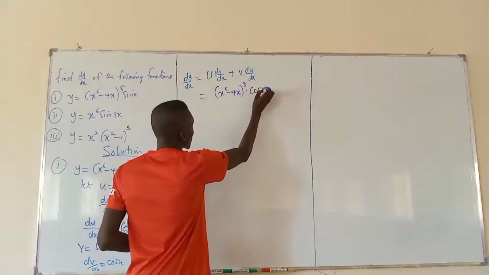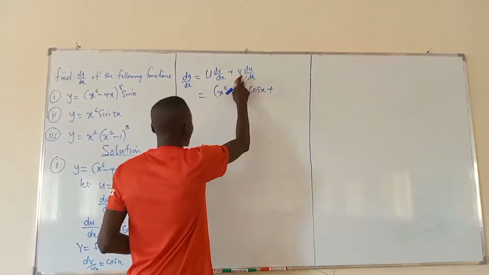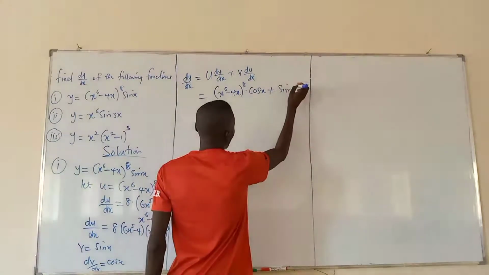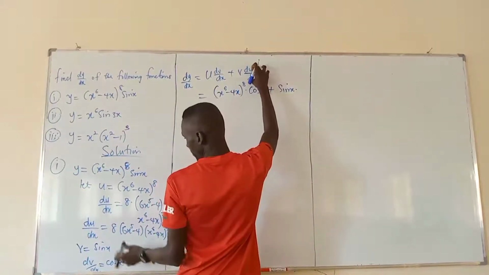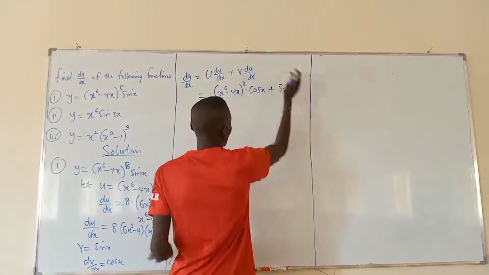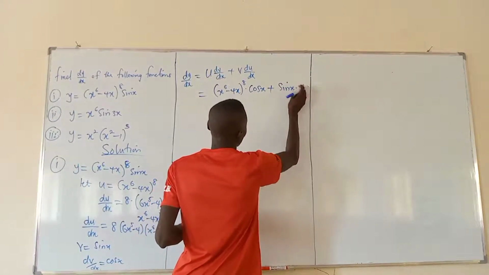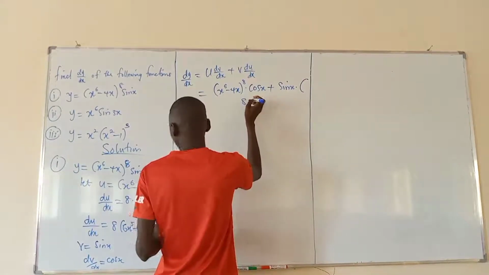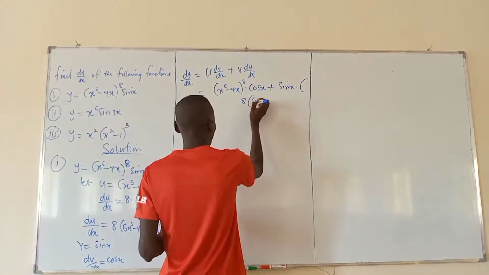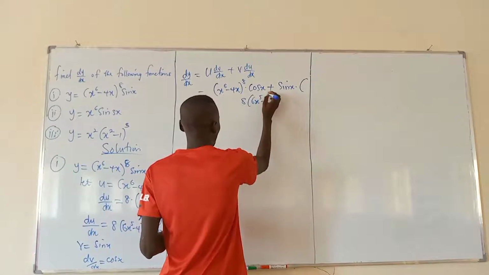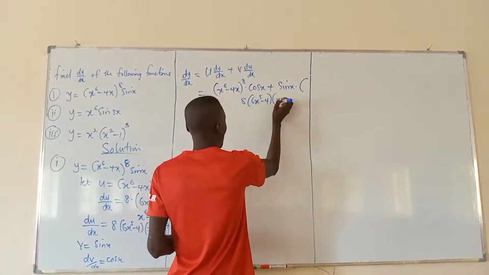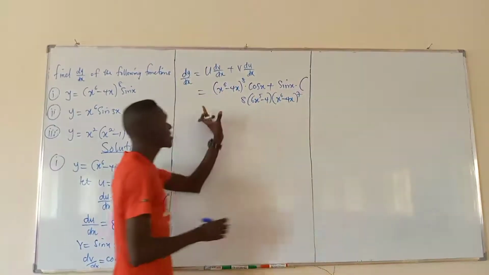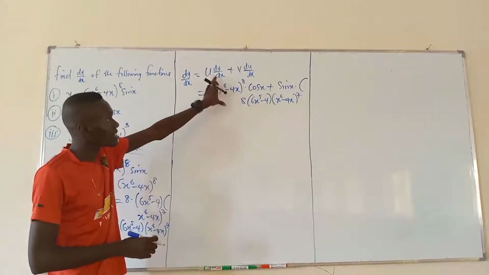So I'm having cos x, then plus, I have v. What is v? We said v is sine x. So I have sine x times du/dx, we said du/dx is all of this. Let me write it in brackets: 8 times (6x^5 minus 4) times (x^6 minus 4x) raised to power 7. So I'm done with substituting in the formula.